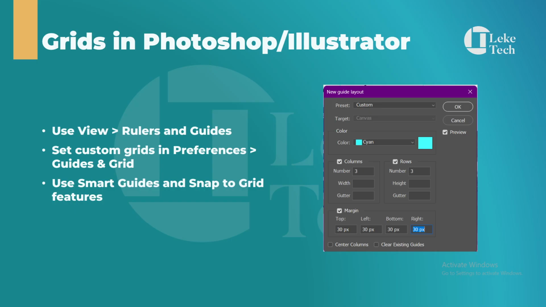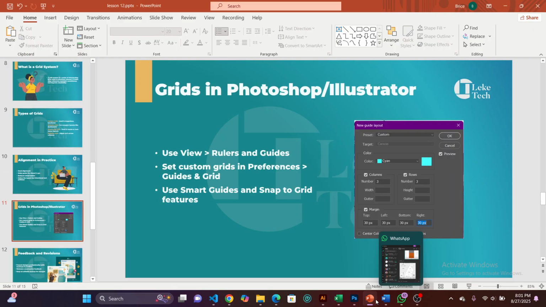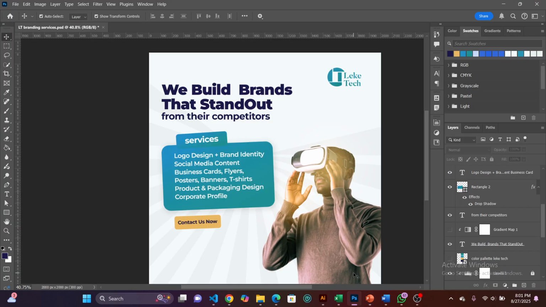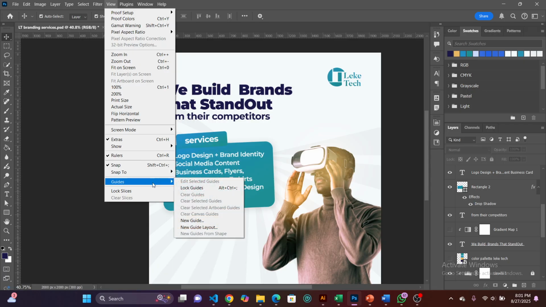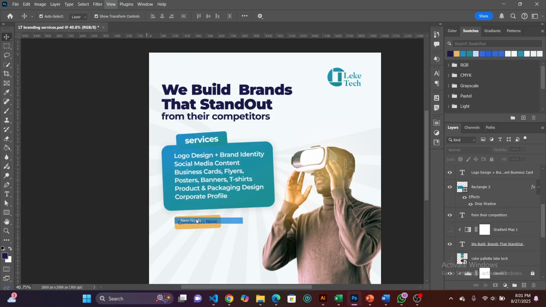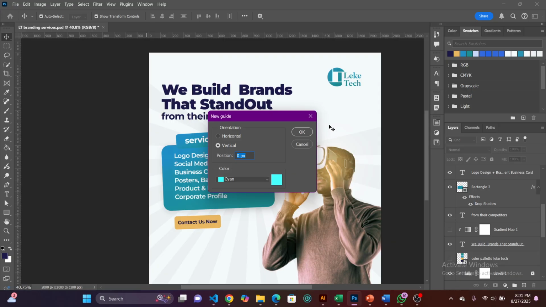So now, how do you actually create a grid in Photoshop or Illustrator? That is where we're at now. For this, you go to your Photoshop, and you go to View. Then go down to Guides, and click on New Guide.